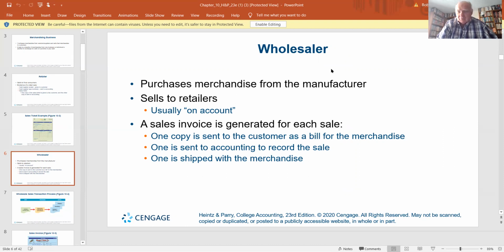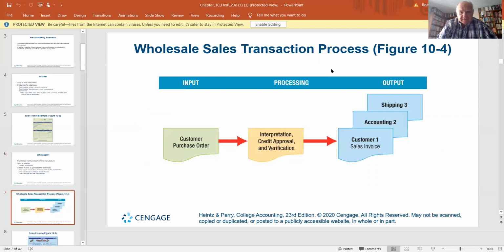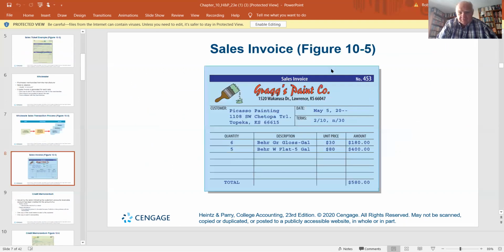One goes to the customer. Well, that's the bill. One goes to accounting. We need that to record the sale, and one might get shipped with the merchandise. Wholesale transaction process, customer purchase order, and then it goes to the wholesaler, to the retailer. I don't think we need to worry about that.